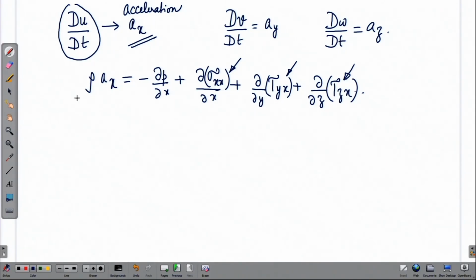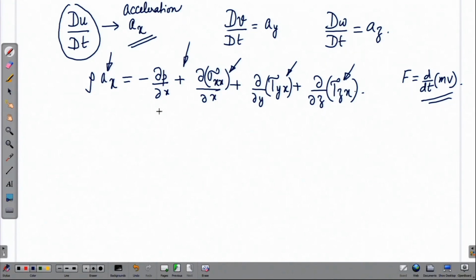Now, what have we got in this equation? We have got something similar to force is equal to d dt of m v from Newton's second law. So, we are talking about an acceleration of the fluid element, which is produced by virtue of forces which are acting on it.